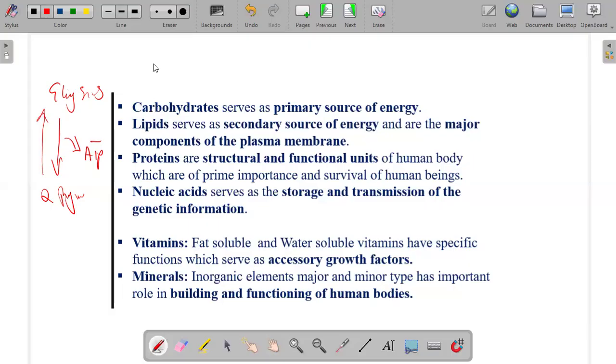Apart from that, a certain type of complex lipids are going to be part of your plasma membrane, and those are the phospholipids. Cholesterol is also there to help with the rigidity of the cell membrane. So that's what we have there. Okay. All right.